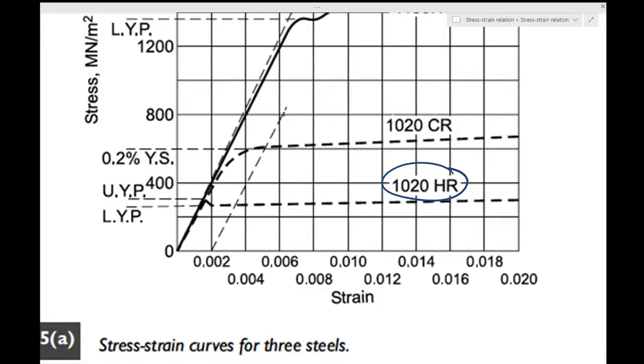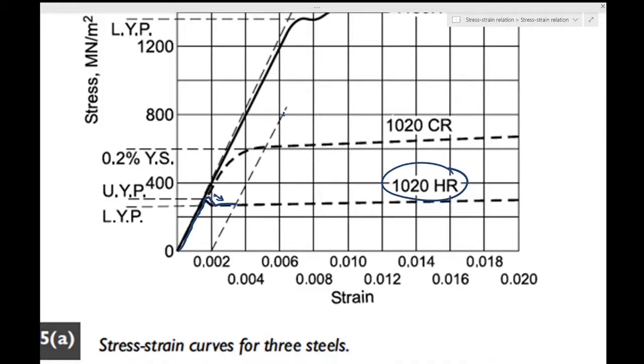So the strain will increase with a decrease in stress. You can see that this curve goes up and then it comes down. So now the strain will increase. In this case, look at this part of the curve. The strain will increase with a decrease in stress. Okay, so that is what is referred to over here.